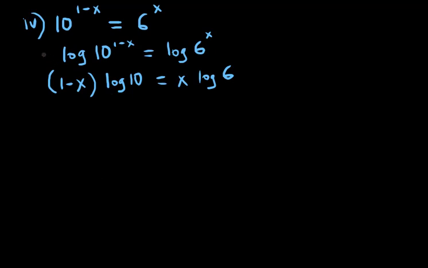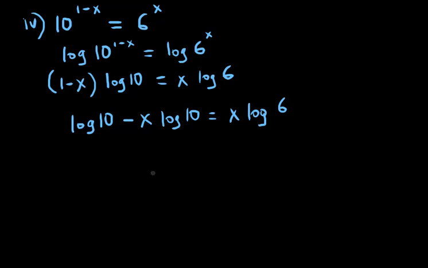Okay, and then we can expand this. So log 10 times 1, and then also log 10 times x. So we'll have log 10 minus x log 10 is equal to x log 6.